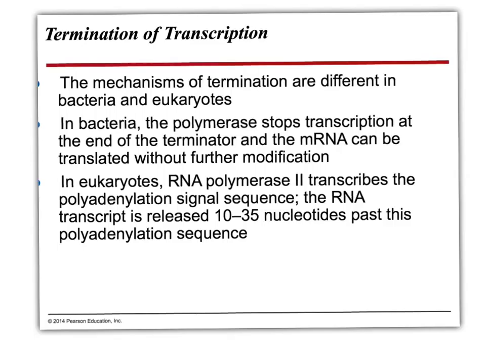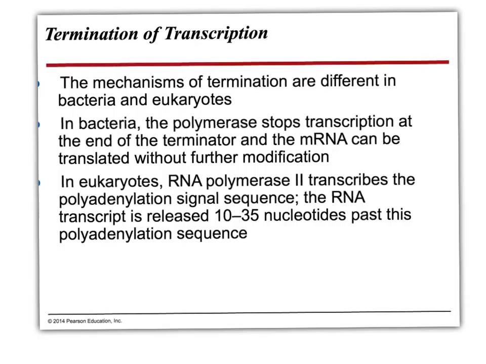How does an RNA polymerase know when the gene ends? All right? Mechanisms for this are different depending upon prokaryotes, or bacteria, versus eukaryotes. Okay? In bacteria, there is a terminator sequence. There's a sequence of DNA that actually determines this is the end.